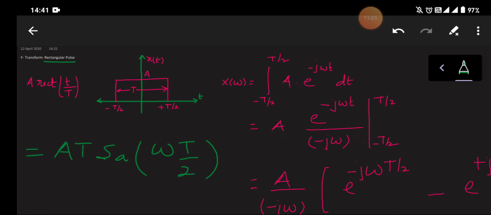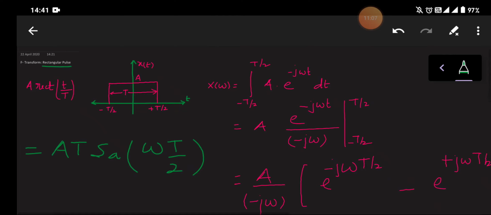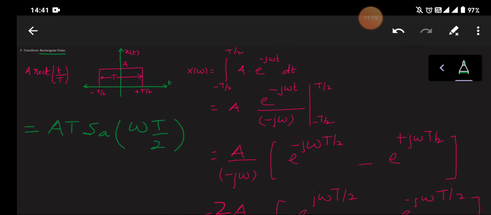Okay. So in this way you can calculate the Fourier transform. I am only simplifying and using the integral transform formula to solve the problem, but this is a general format to write the Fourier transform of our rectangular pulse. So this is our final answer, and thank you.